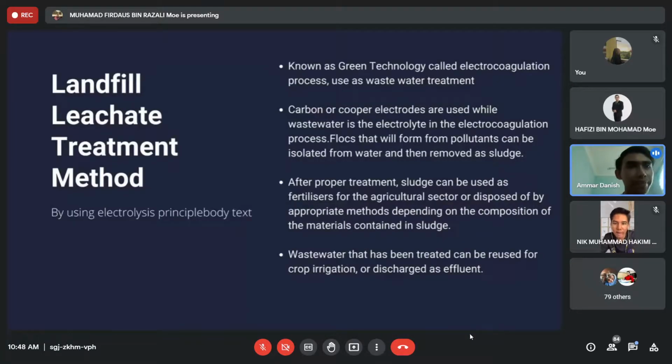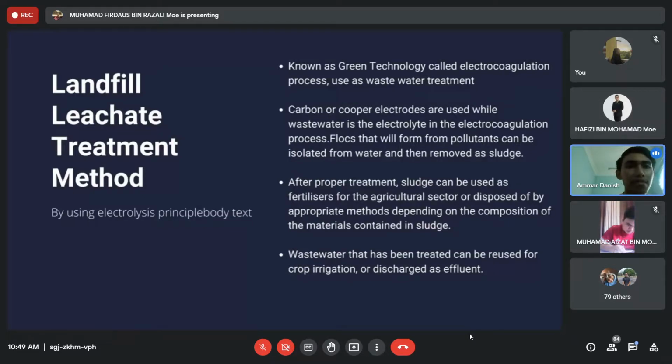So for the steps, there is a landfill leachate treatment method using the electrolysis principle. It is known as a green technology called the electrocoagulation process, used as wastewater treatment. Carbon or copper electrodes are used while wastewater is the electrolyte in the electrocoagulation process.